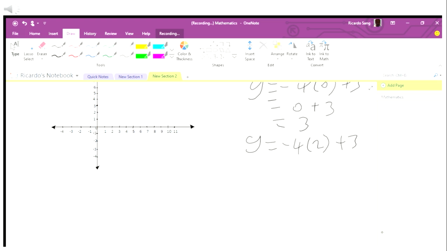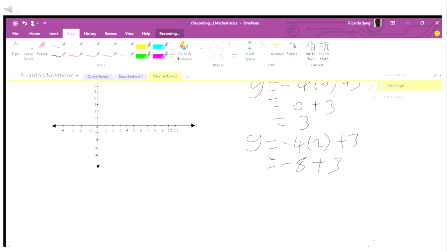Let's work that out now. So 2 4s are 8, and that would be negative 8, so equal to negative 8 plus 3. So that would equal, yeah, I owe 8 and I have 3. When I pay the 3, I still owe 5. So that is equal to negative 5. Oh, I wrote a 4 there.